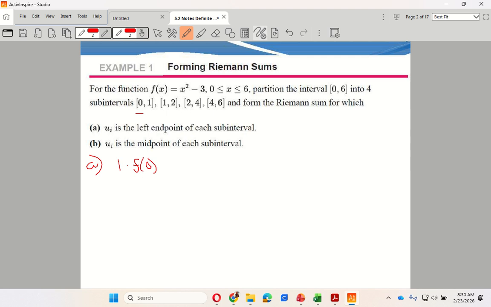That's the left side of the rectangle, right? Okay, plus, next one, 1 times f of 1, plus, what's my delta x? 2 times f of 2, plus, what's my delta x? Times f of 4.